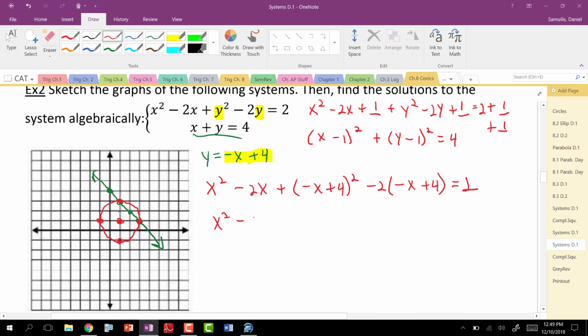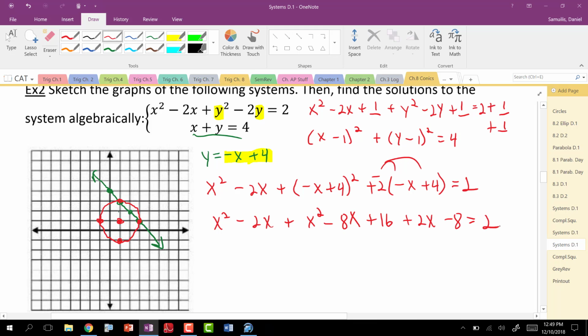Okay, x squared minus 2x. Negative x times negative x, positive x squared. Negative x times 4, negative 4x twice. It's negative 8x. And then 4 times 4. Distribute a negative 2. That becomes 2x minus 8 equals 2.